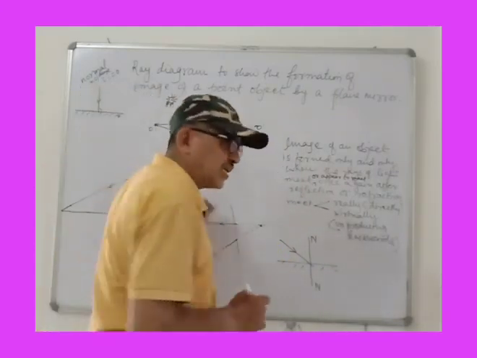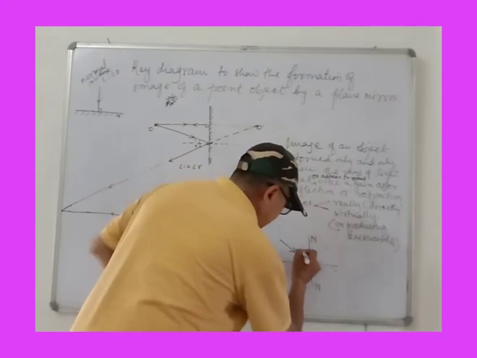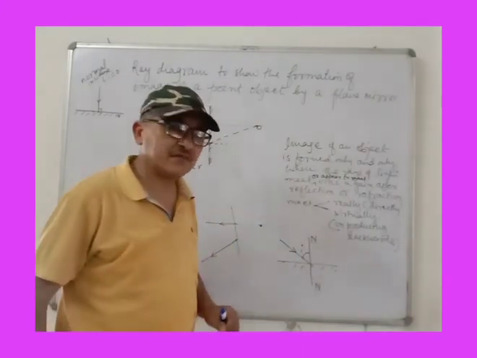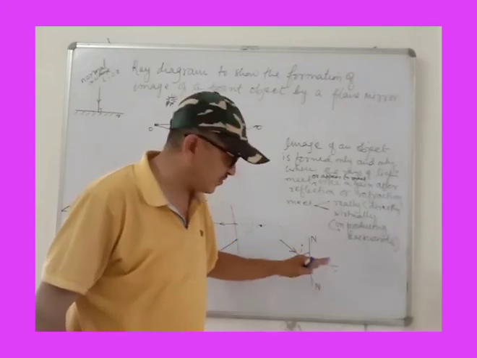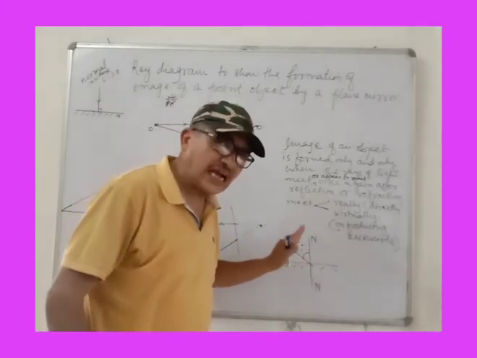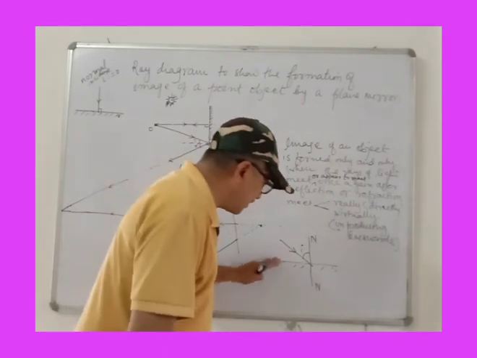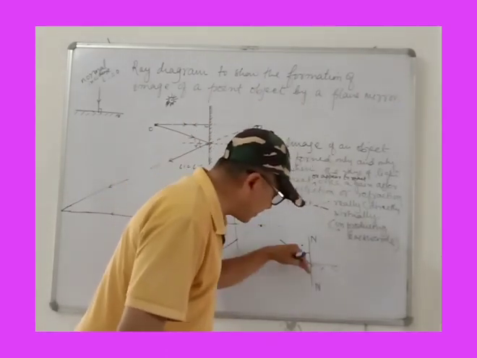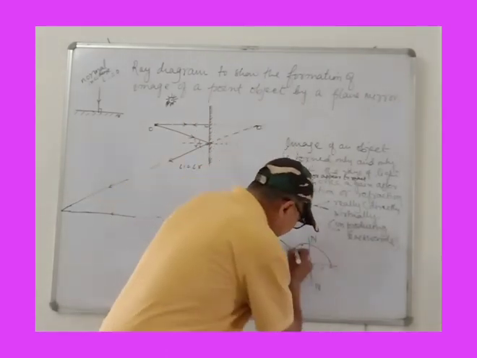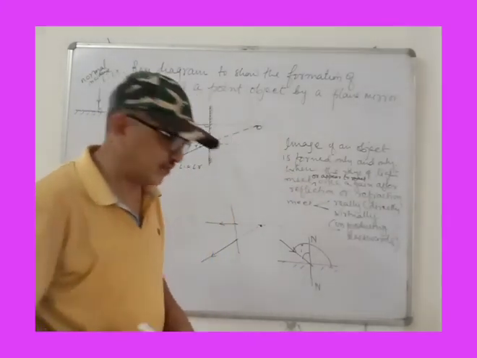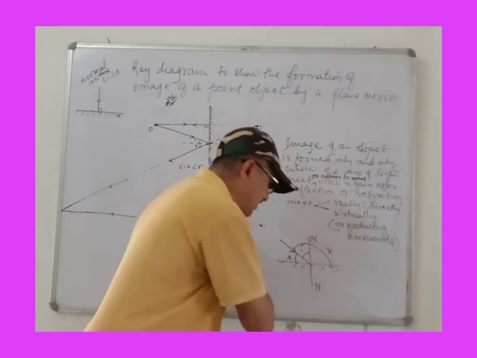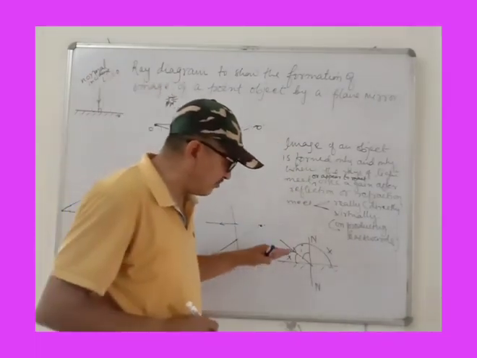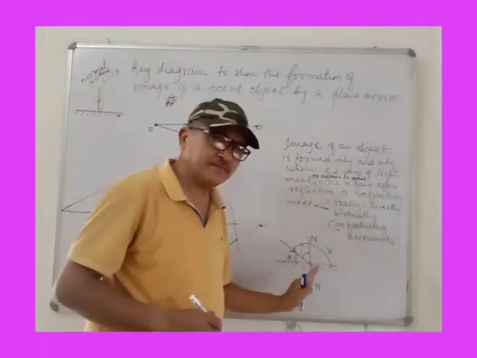Which angle is called the angle of incidence? The angle between the normal and the incident ray is called the angle of incidence. It's not the angle between the mirror and the incident ray. Angle of incidence is the angle between the incident ray and the normal.